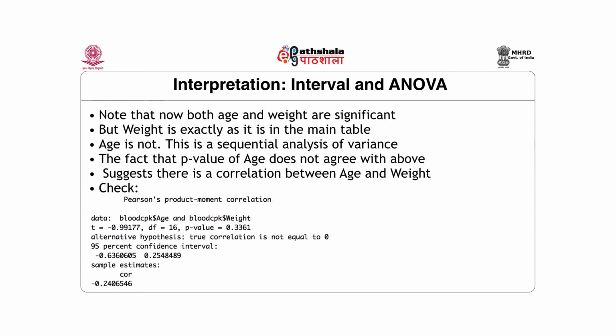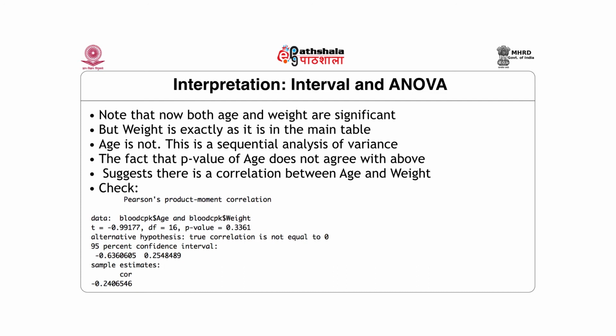But age is not, because we have sequentially analyzed the analysis of variance. And the fact that the p-value of age does not agree with the p-value that we get to see in the main regression model tells you something.